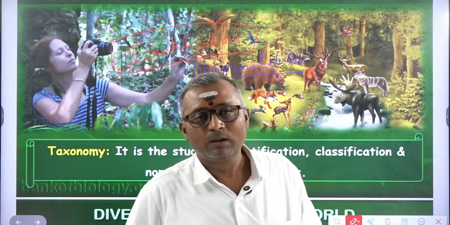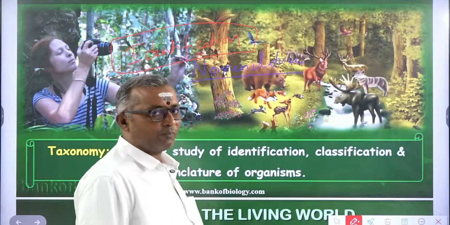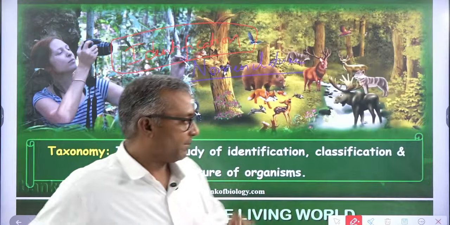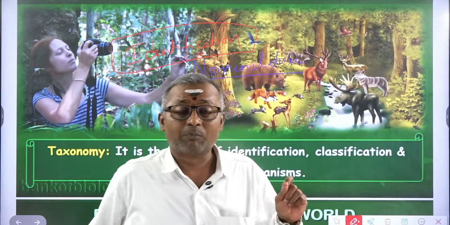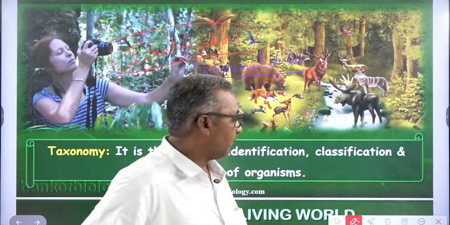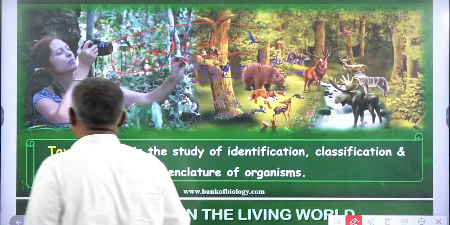Known or unknown. This is called identification. You can write this down if you want. I told you about nomenclature. Nomenclature is the process of giving the correct scientific name to a known organism.